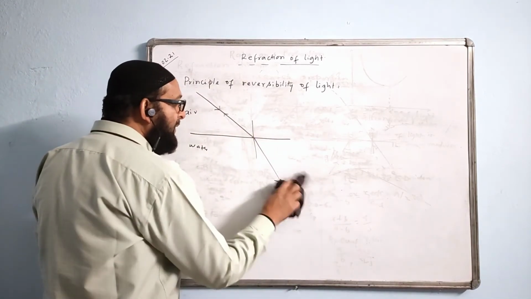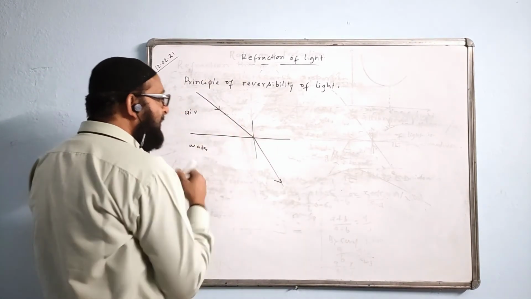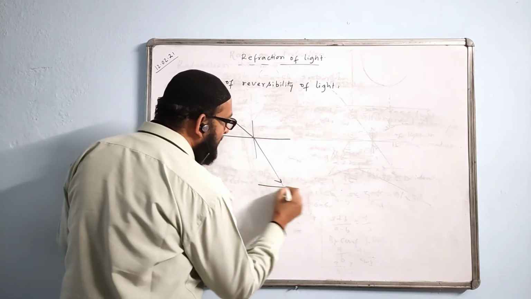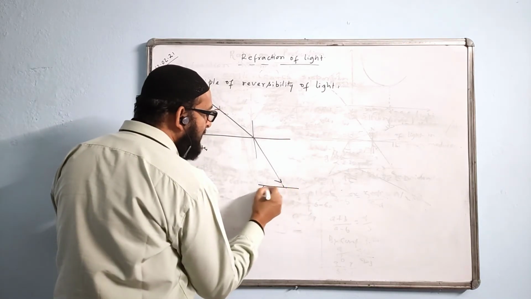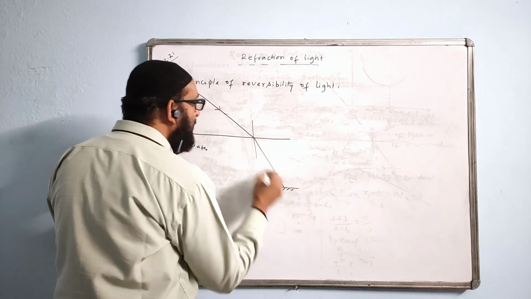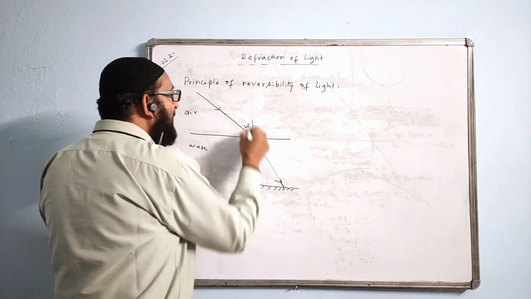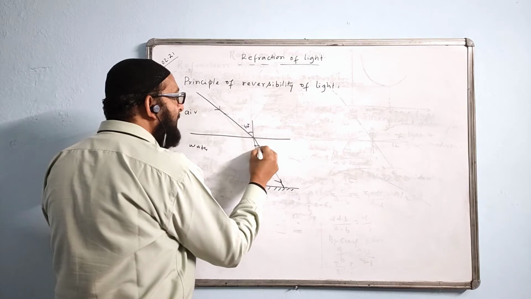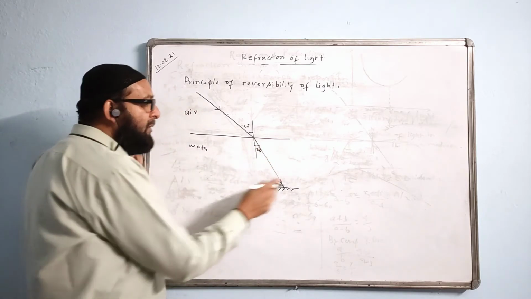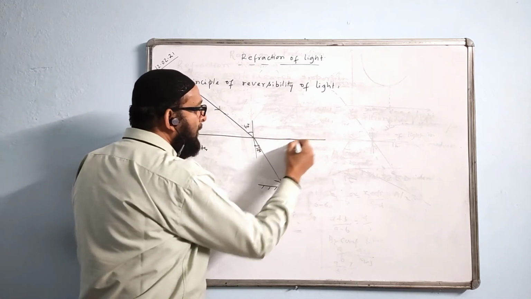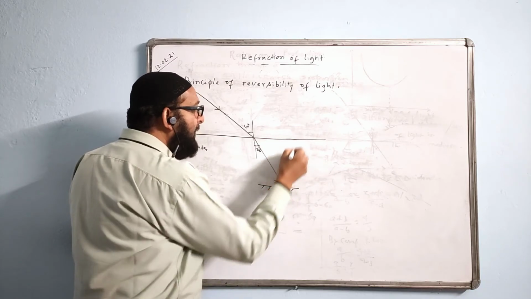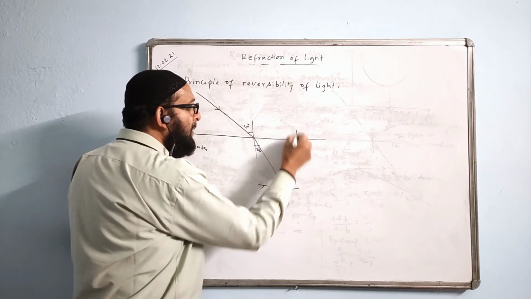Okay, by chance if the mirror they show like this, if the mirror is kept this way, parallel to this line, what will happen to the ray now? So this is 40 degrees I guess and this is 25 degrees. This ray will now be reflecting like this.